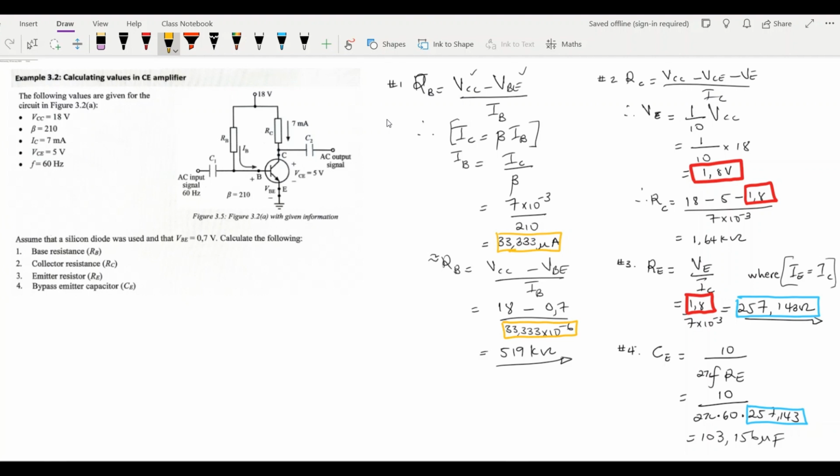When I say to you, do not rush to leave the examination room. Ensure that you finish on time and rework your answers. It means that if you have calculated or obtained an incorrect answer here in IB, then your RB would be incorrect. If you got an incorrect answer in VE, then your RC will be incorrect, your RE will be incorrect, your CE would be incorrect.